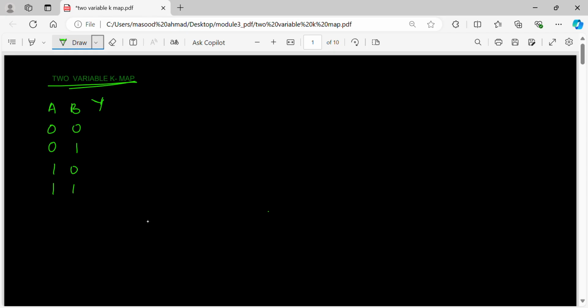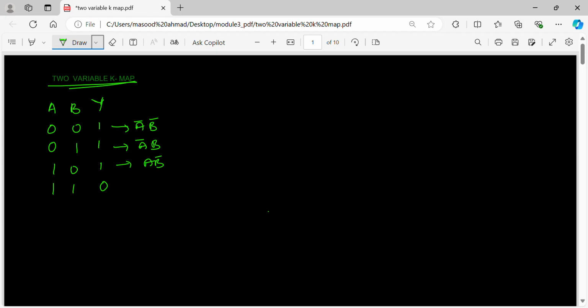Let's say the output is 1 here and 1 here, 1 here and 0 here. What I am trying to do is reduce the expression for Y. I can write this as A bar B bar, A bar B, and A B bar.